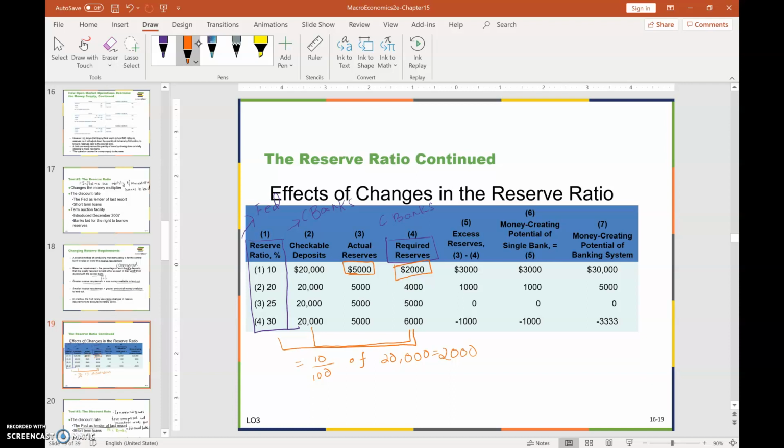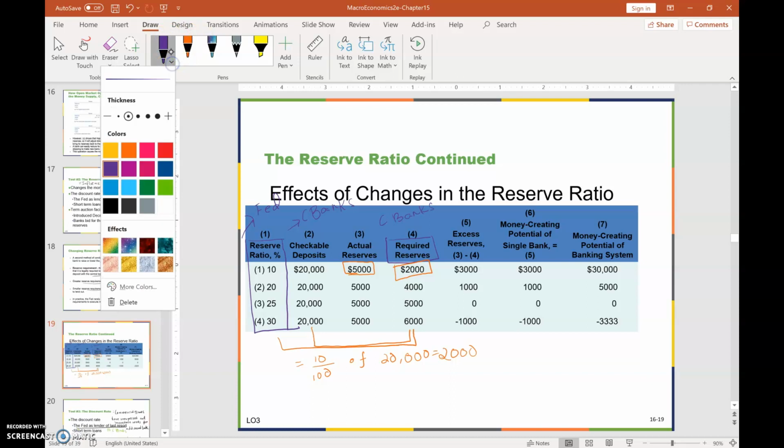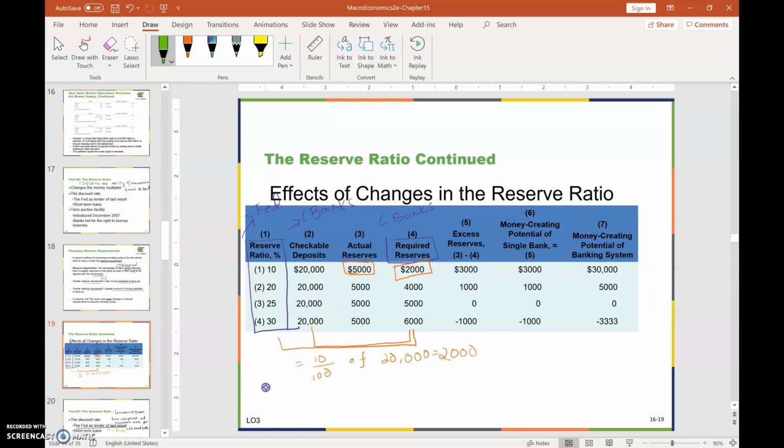$5,000. Now I'm going to calculate the excess reserves, and to calculate excess reserves, I need the difference between actual and required reserves. So let's just use this color, these arrows, to get all these three columns, 3, 4, and 5 interconnected.